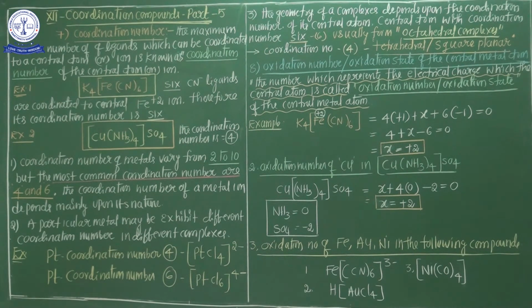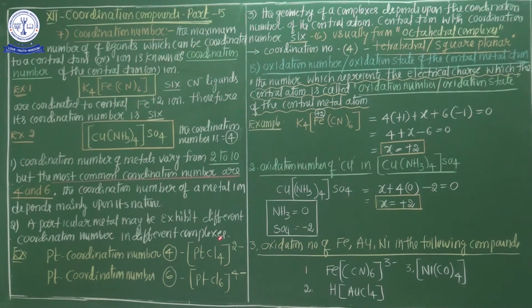Once again, what is the coordination number? The maximum number of ligands which can be coordinated to a central atom or ion is known as the coordination number. Generally the coordination number varies from 2 to 10, but the most common are 4 and 6. One metal atom does not always show the same coordination number; it differs from compound to compound.